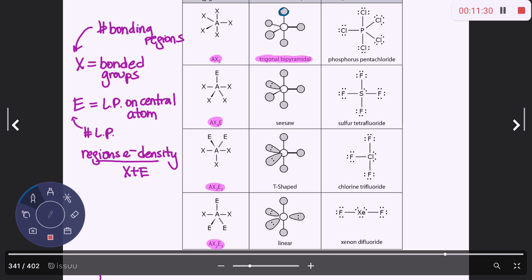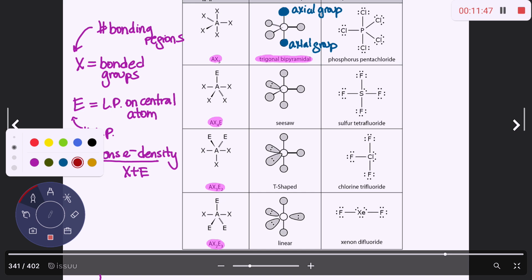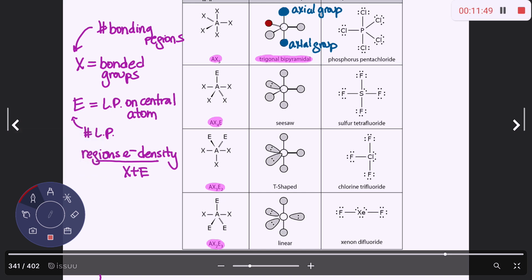The top and the bottom group here, these are called my axial groups. And then the ones that are in the middle, these 3, okay, these are called my equatorial groups.